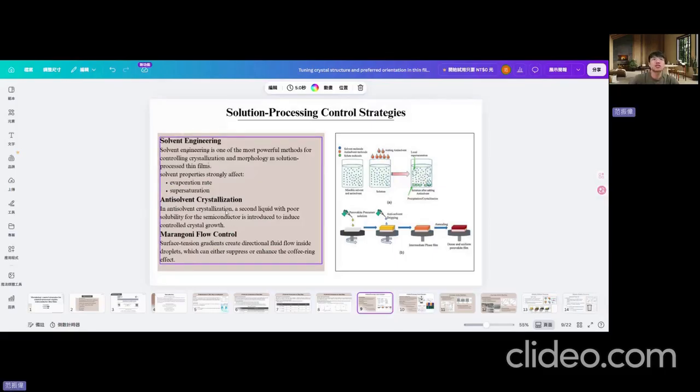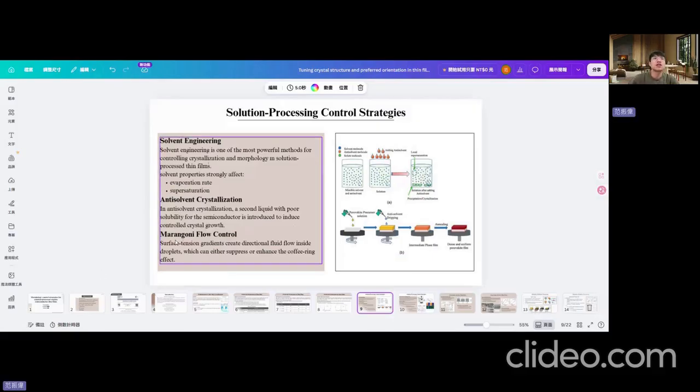And then it's the anti-solvent crystallization. In the anti-solvent crystallization, a second liquid with a poor solubility for the semiconductor is introduced to induce a controlled crystal growth.